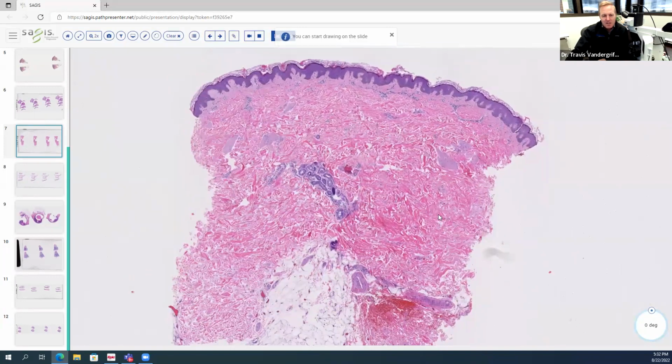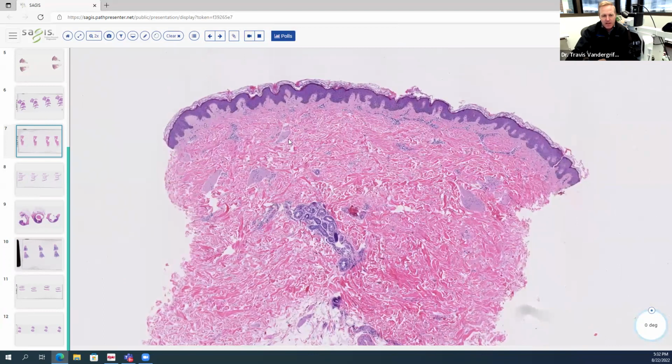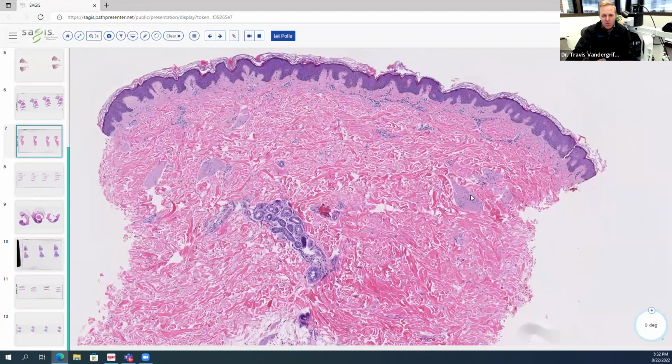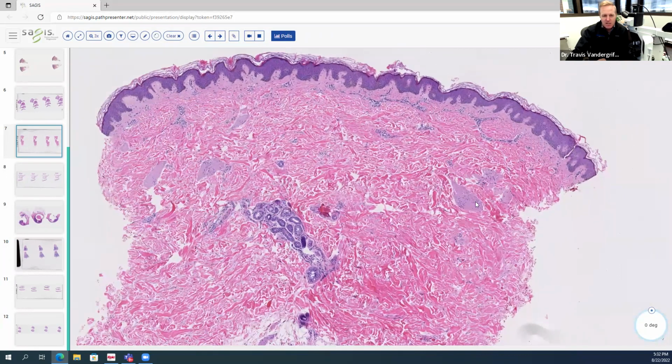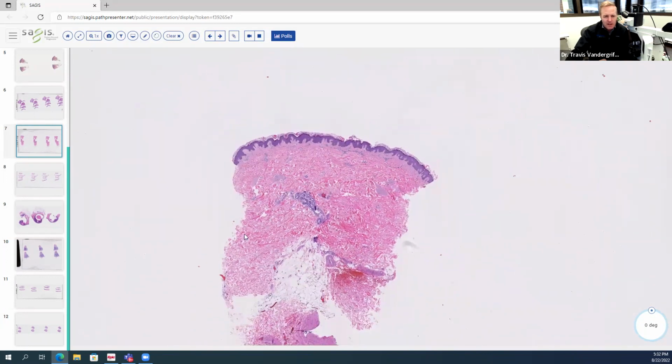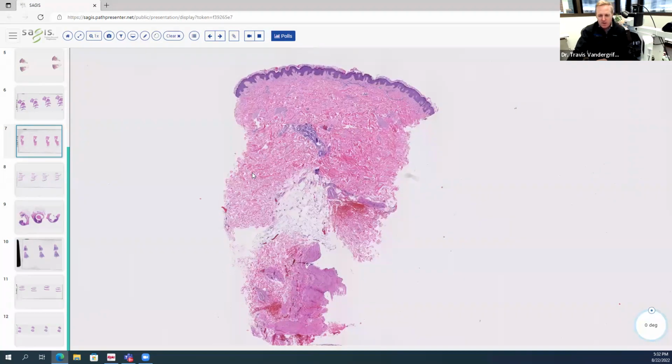And kind of a tough diagnosis because it's not like an out of place proliferation of cells. It's a normal structural element that is just increased in number and not in the normal anatomic configuration. So that is a smooth muscle hamartoma or Becker's nevus.